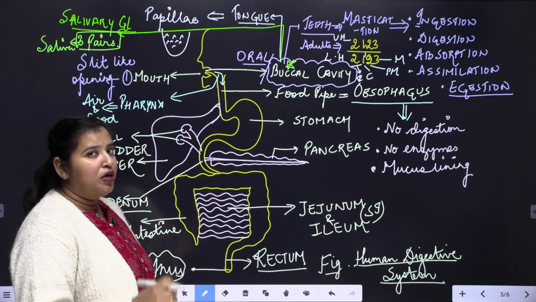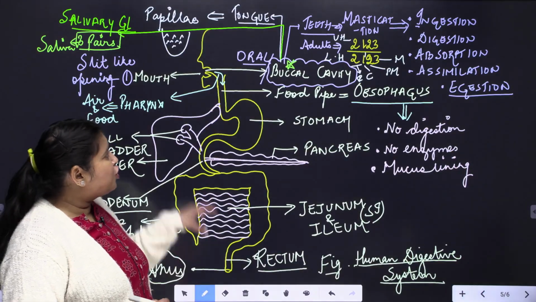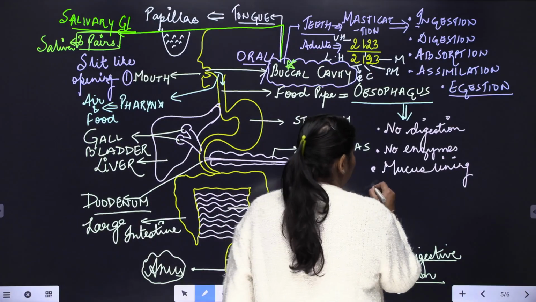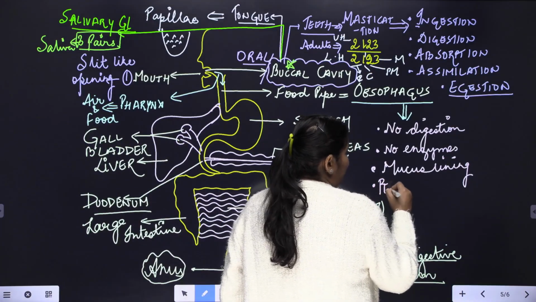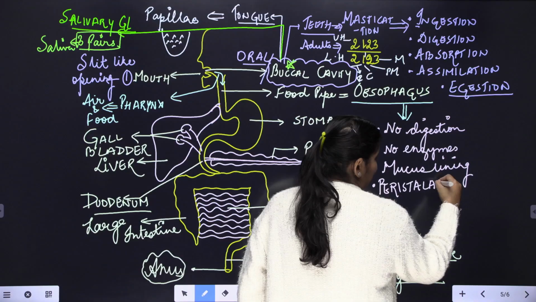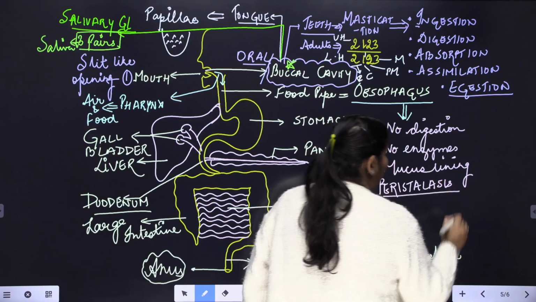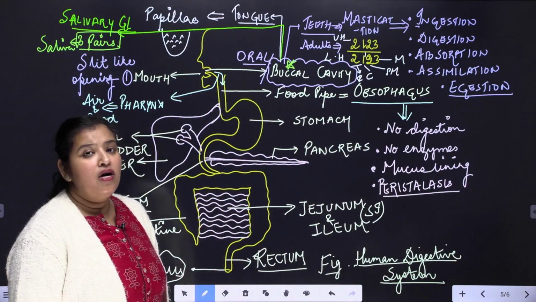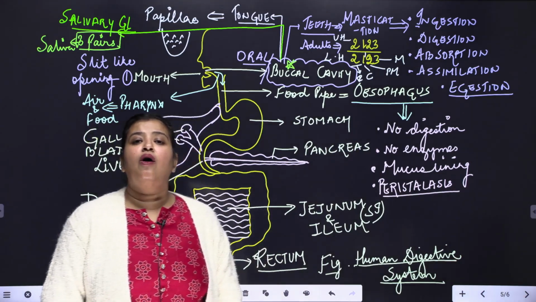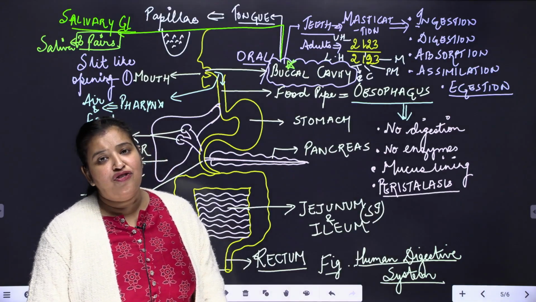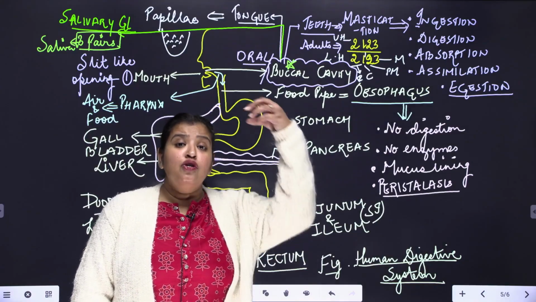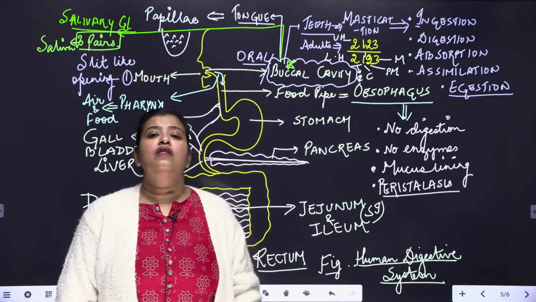And a very important point that happens throughout the alimentary canal, and that you have to keep in mind, is peristalsis, or the peristaltic movement. What is peristalsis? Peristalsis is rhythmic contraction and relaxation of the esophagus muscles to push the food down into the stomach.